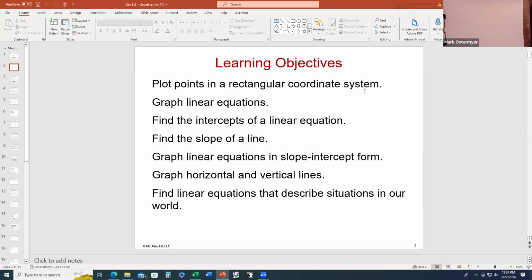Hopefully, by the time we get done with this section, we will know how to plot points in the XY plane, graph linear equations, find the X and Y intercepts of linear equations, determine the slope of a line, graph linear equations in a very special form called slope-intercept form, be able to graph a horizontal or vertical line, and recognize their equations. And finally, last but by no means least, in fact, I think it's the most important aspect of this whole investigation, is applying linear equations to the real world.